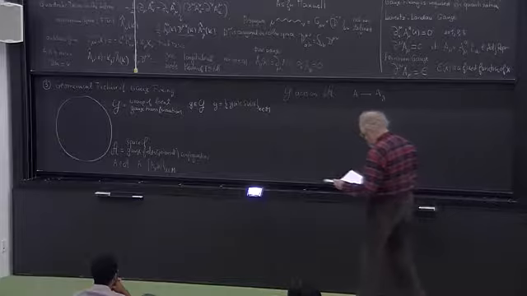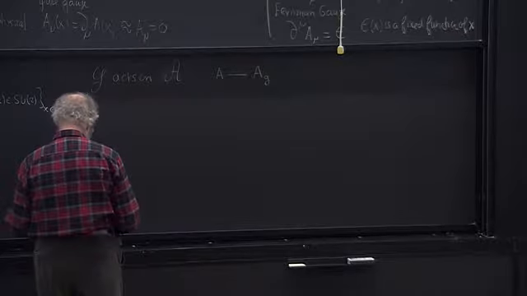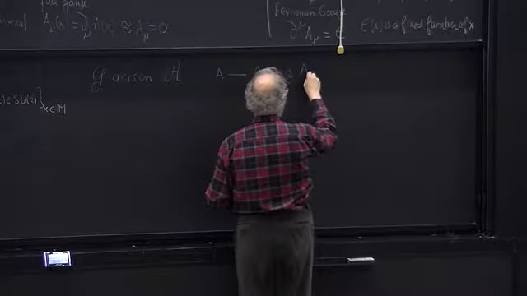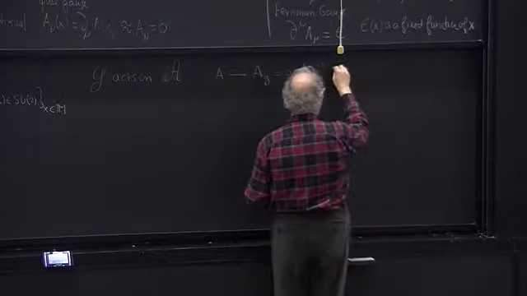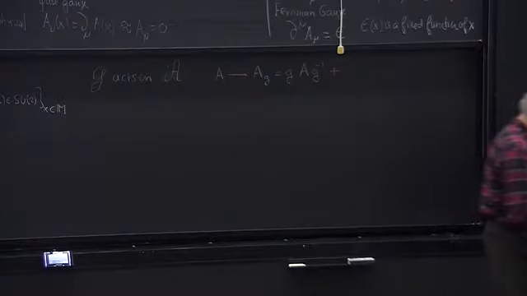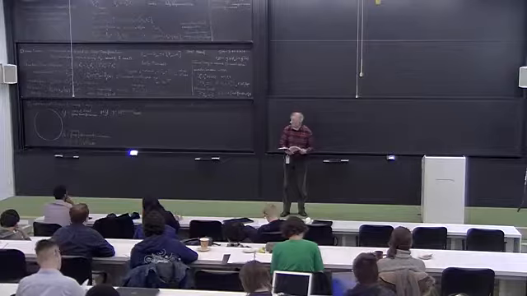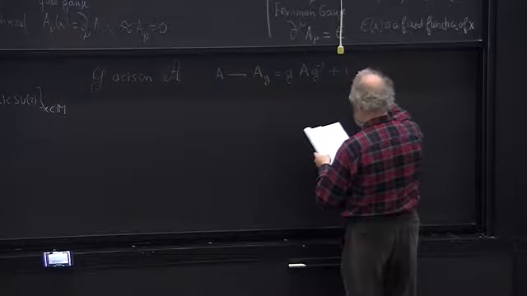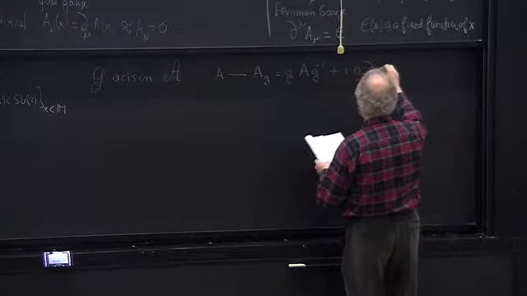So A mu of g is just, with this notation, as we have seen, g A g minus 1, and then there is the term, yes, plus i g d of g minus 1.